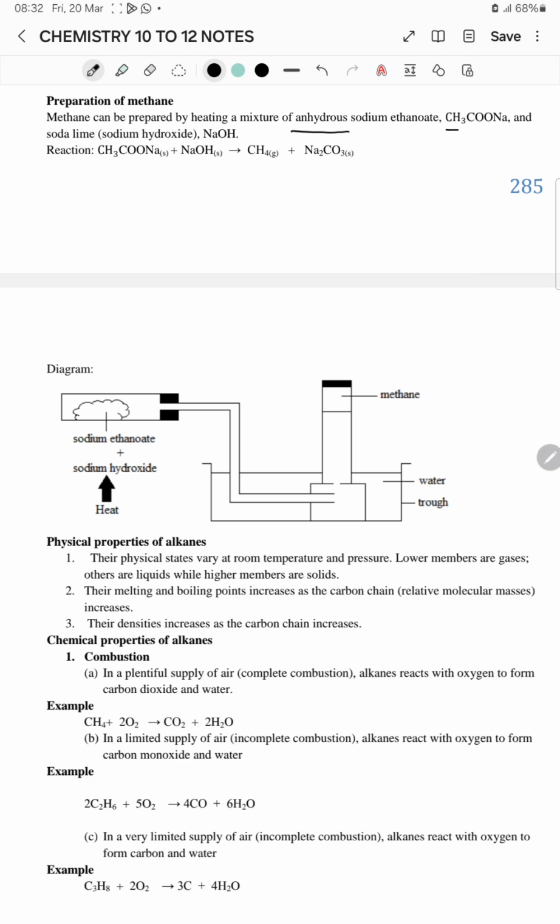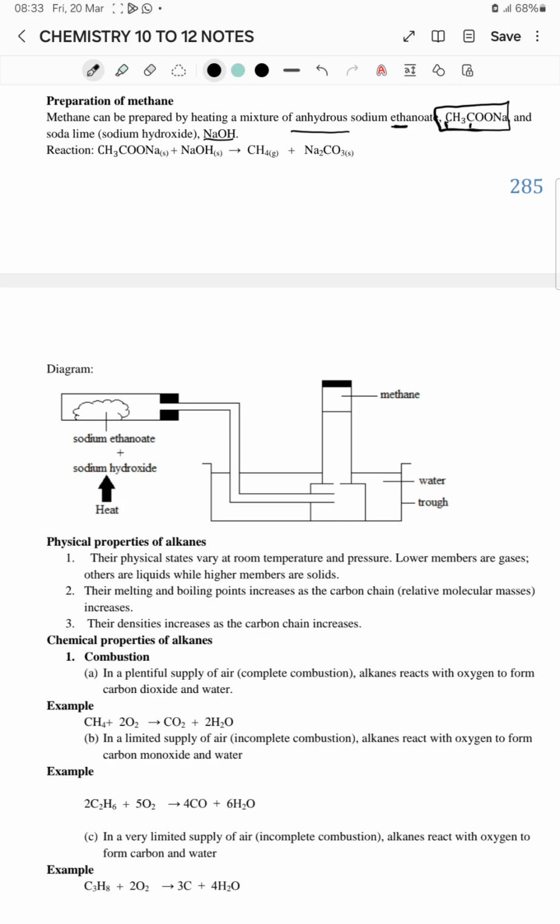So this is the chemical formula for sodium ethanoate. This comes from the word of two carbon atoms, 1, 2. So sodium is here, sodium ethanoate, and soda lime, which is called sodium hydroxide, which is an alkali.